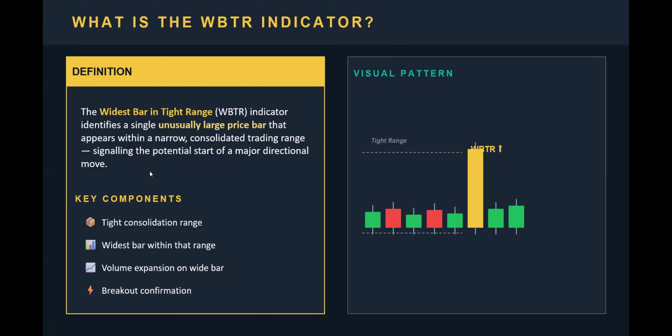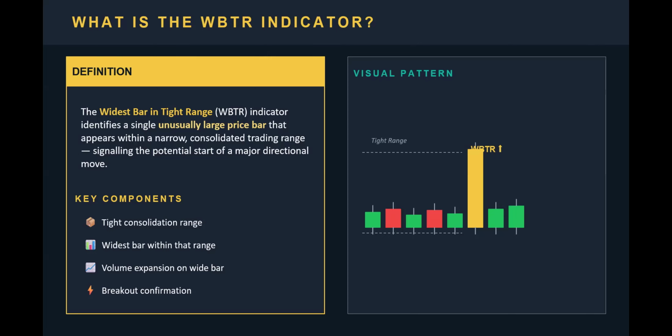The key components are a tight consolidation range, the widest bar within that range, and volume expansion. It should be accompanied by volume expansion and a wide bar, then breakout confirmation takes place.